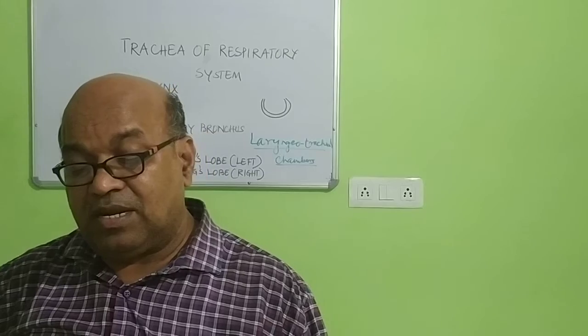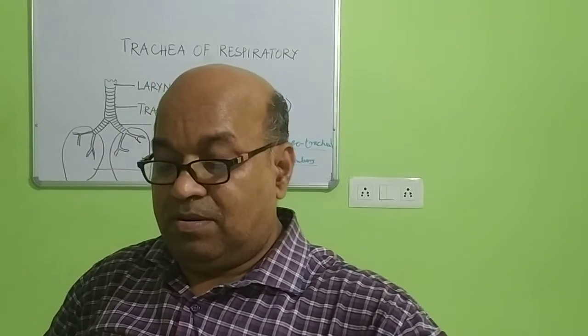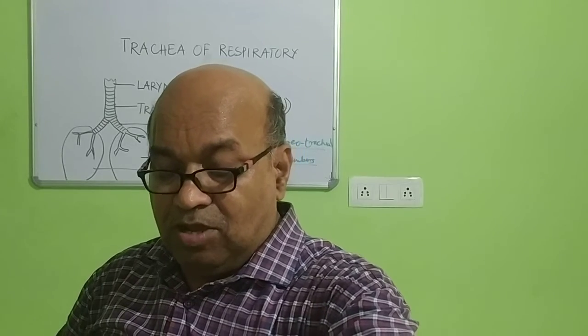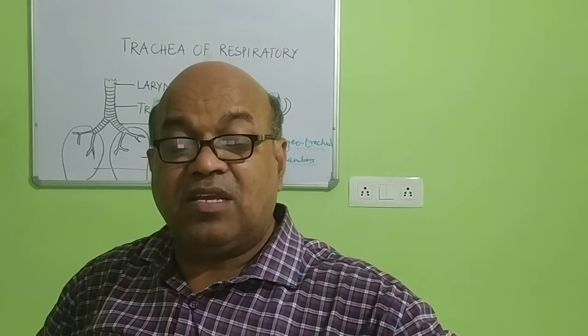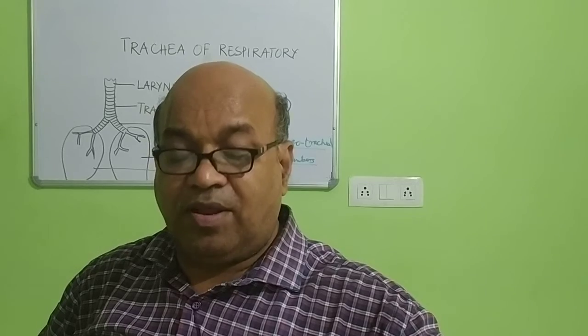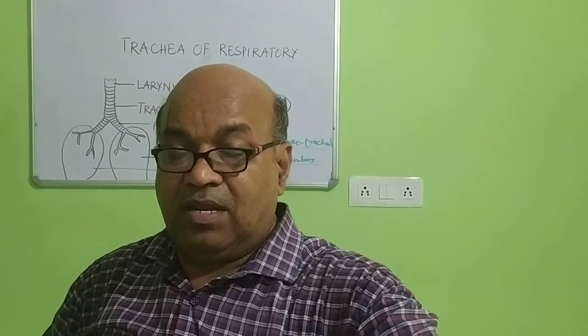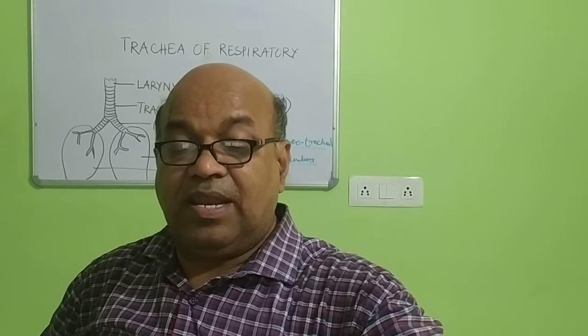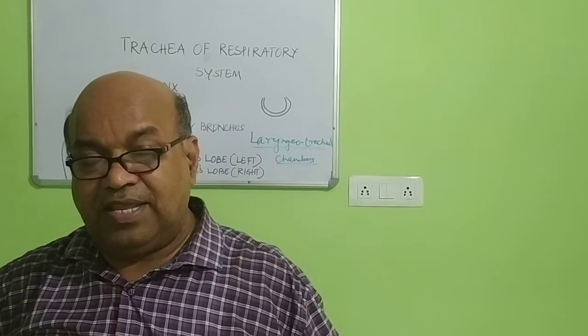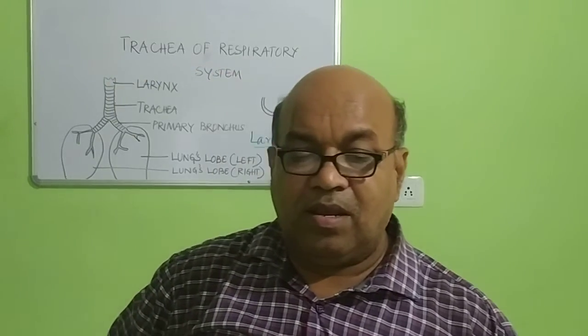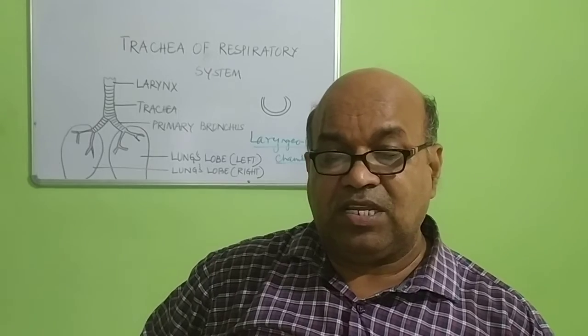In mammals, you find very different types of trachea. Some mammals possess larger necks, some smaller, and the length of the trachea varies accordingly. Mammals possess better arrangements of the trachea in the respiratory system. Thank you all.